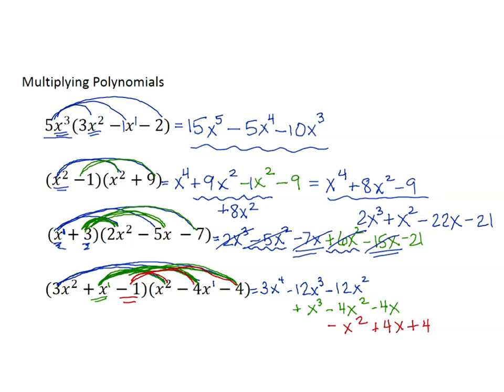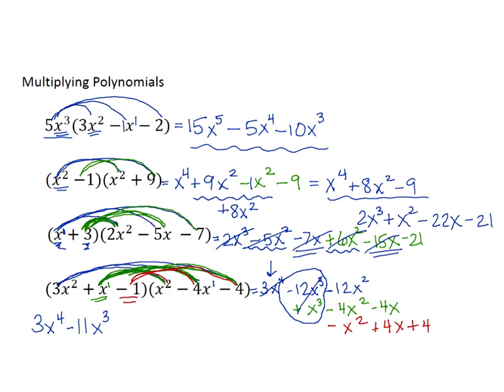Now when I go to combine my like terms, I've got them all kind of stacked on top of each other. So first, I've got 3x to the fourth. There's nothing to combine it with, so I'm done with that. Next, I'm going to look at my x cubed terms. I've got a negative 12x cubed and a positive 1x cubed, so that's going to give me negative 11x cubed.